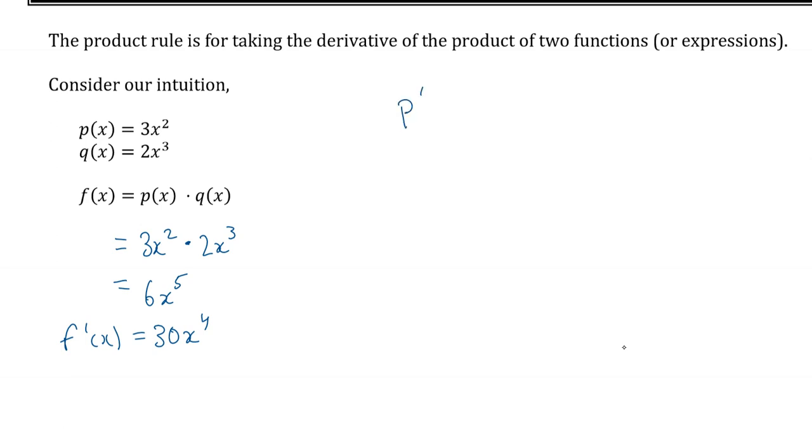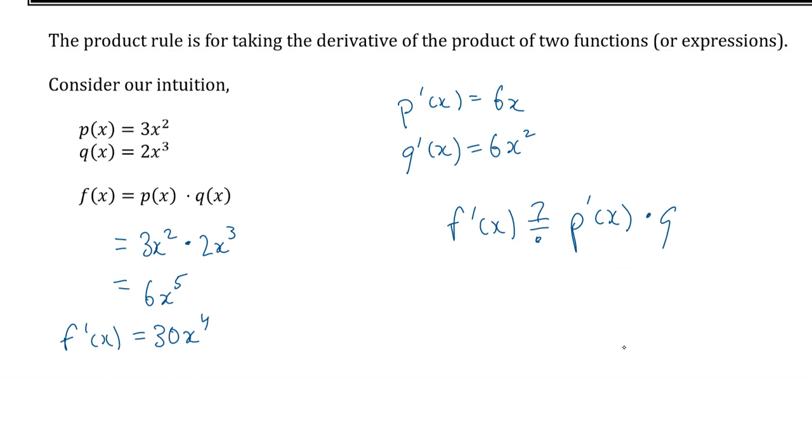So what's p prime? 6x. What's q prime? 6x squared. Okay. So, is the derivative of f, which is p times q, is it p prime times q prime?